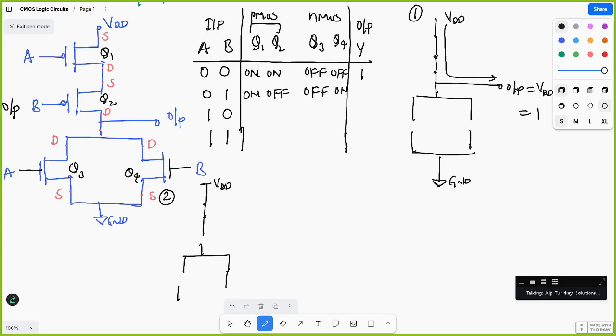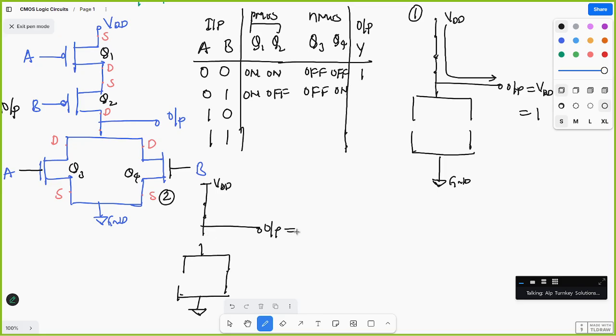Q4 is a short circuit, and here there is no path to VDD because it is an open circuit. So as there is no path, what happens?